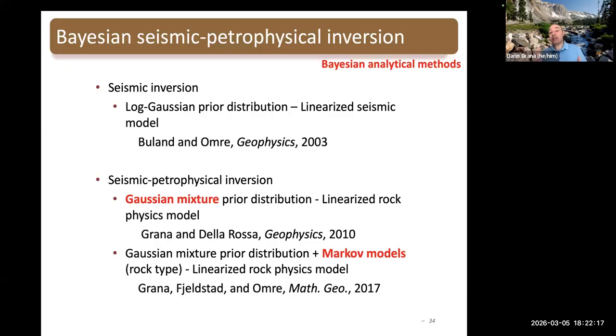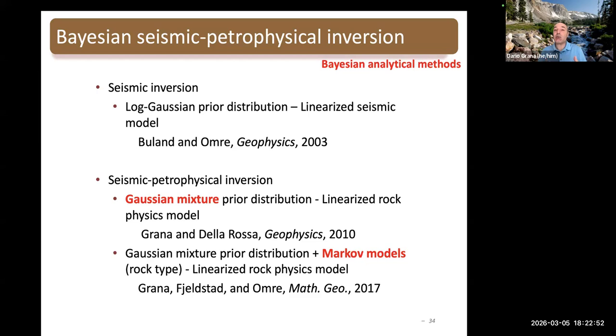So this is how I started my career. The paper of Buland and Omre was published in 2003. I started my career as a geophysicist in 2006. One of the contributions that I made to this field is that I tried to combine the Bayesian linearized AVO inversion with rock physics, so that in addition to estimating P wave velocity, S wave velocity and density, we could also estimate rock and fluid properties, for example porosity, volumes of the minerals, fluid saturations, and so on and so forth.